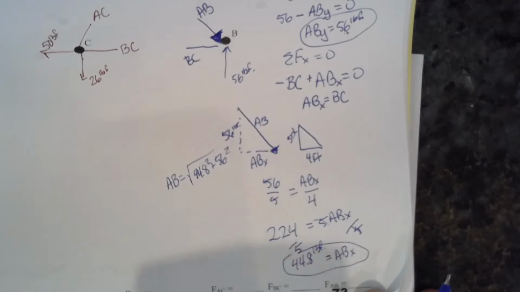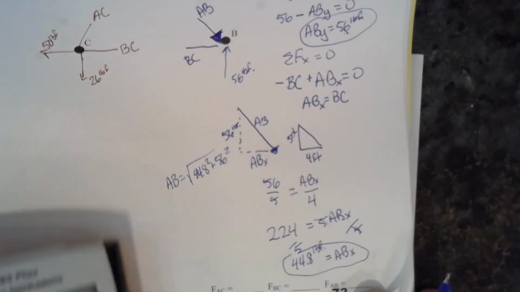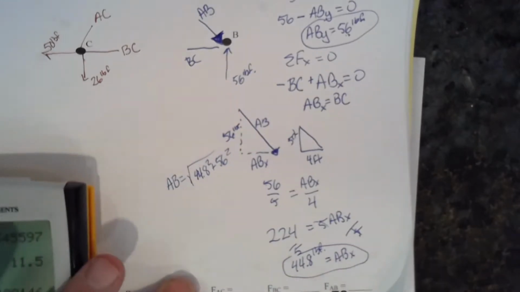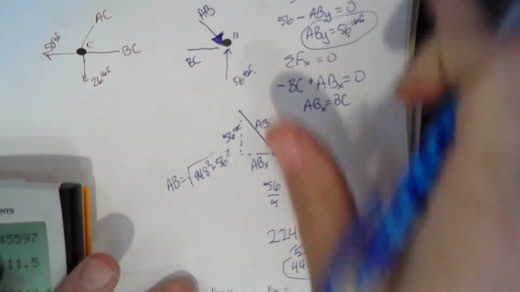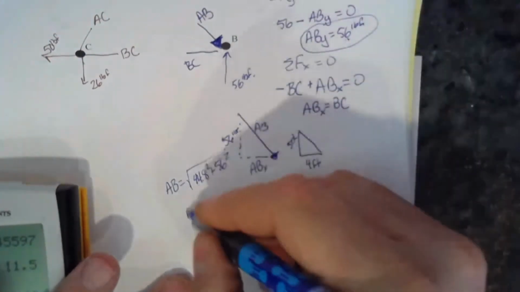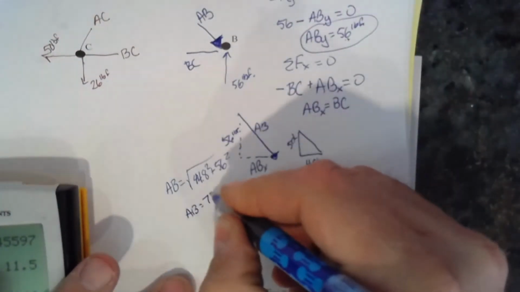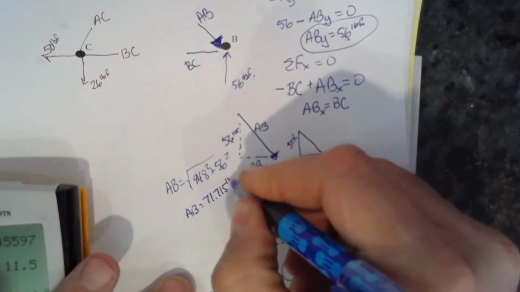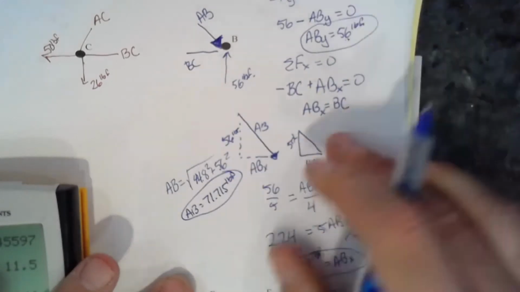Square root of 44.8 squared plus 56 squared. And that gives me 71.715. So AB is equal to 71.715 pounds of force. All right.